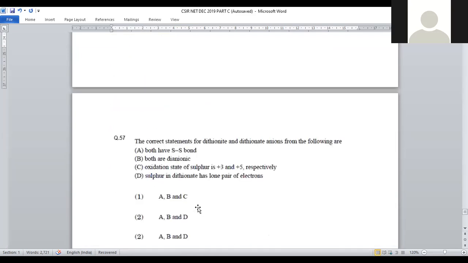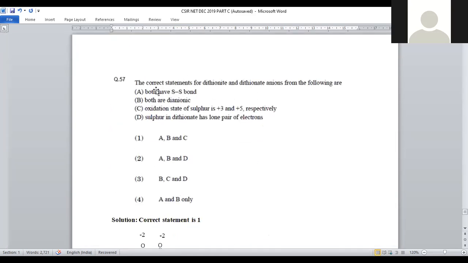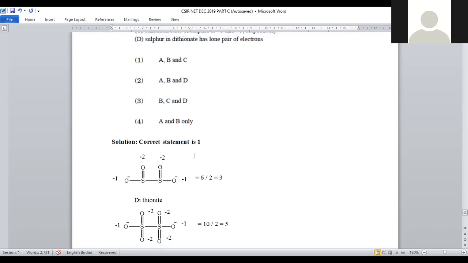Let us move on to question number 57, where we need the correct statement for dithionite and dithionate anions from the following. We have two different compounds, dithionite and dithionate. Let us see the oxidation state of both compounds.